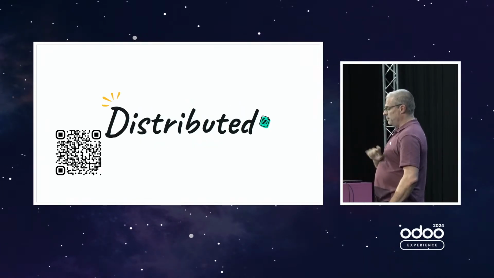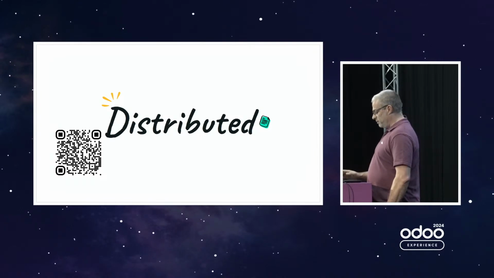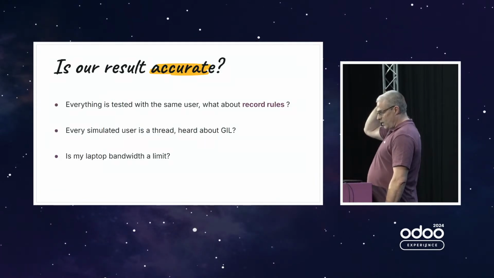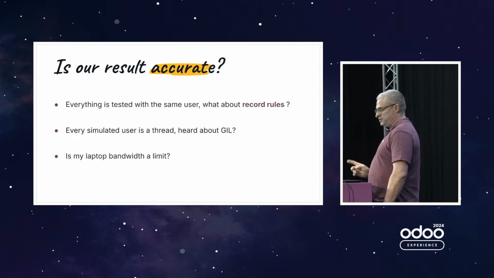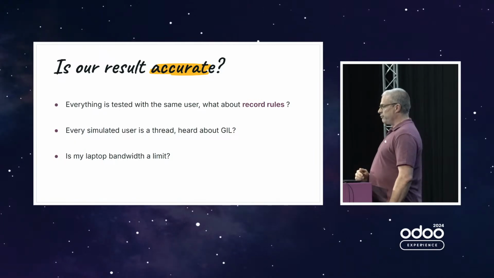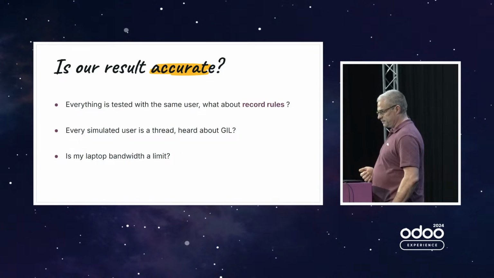We've done the front end, we've done the back end, and now we have to perform the load test. First of all, for now, everything is tested with the same user, which is the admin. It's not good because we have record rules, and record rules are generally speaking an issue in performance.